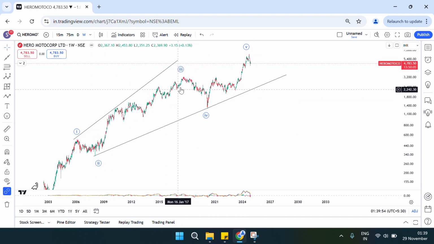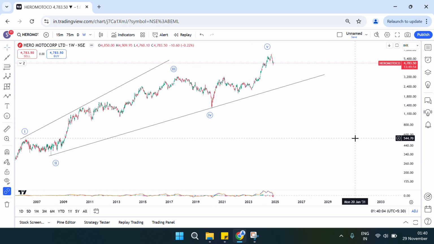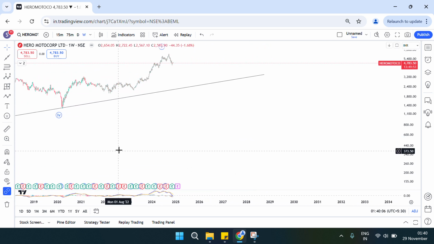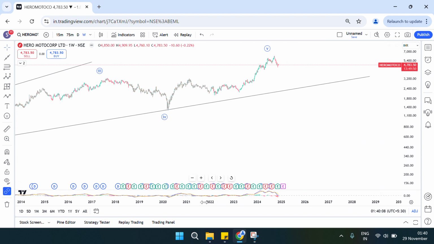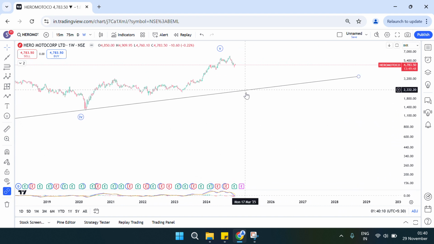We also had an extended wave 3 in this case, and here we are expecting the wave 5 top also to be formed. Now the confirmation or the maturity of this particular price move, whether it is over or not, we'll get when we have the price touching or crossing this particular trend line.